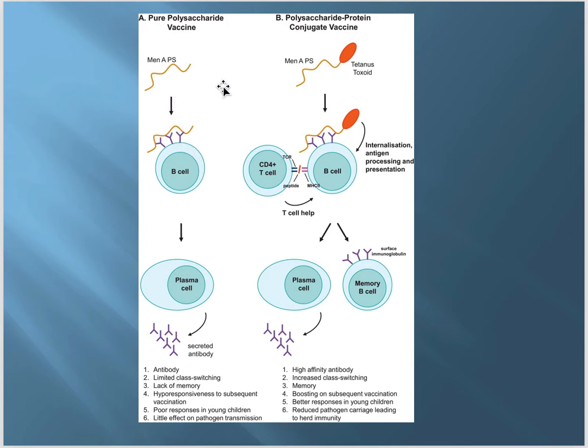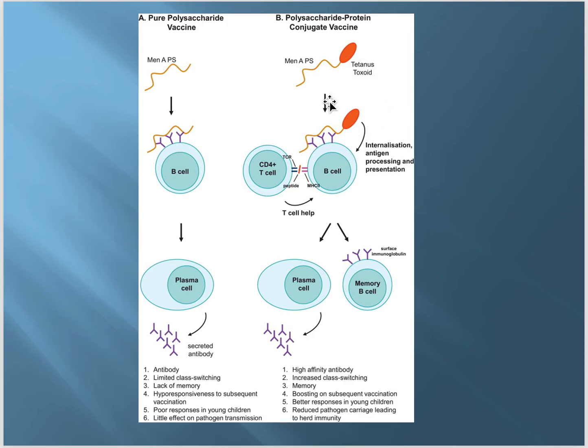But if we add a protein to this polysaccharide, for example tetanus toxoid, which is a protein, then this conjugated antigen will again bind with the B cell. The polysaccharide portion will bind with the B cells through multiple receptors and activate the B cell.